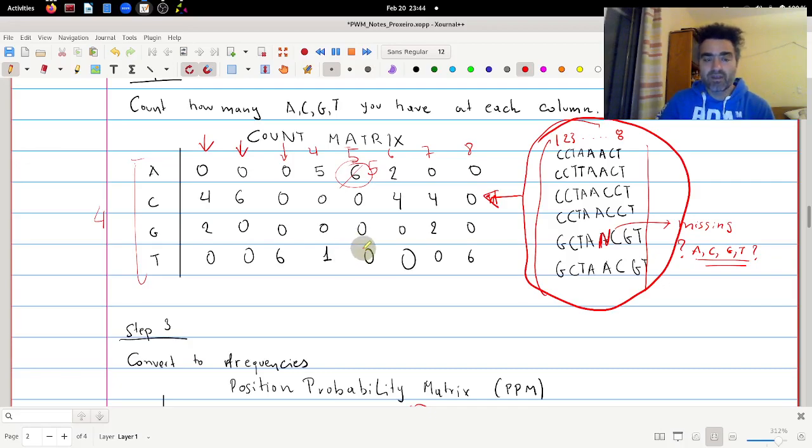And we will see in the next class how we can use this information to score all the possible positions in a sequence and see whether it can be a location that a protein can bind or not.